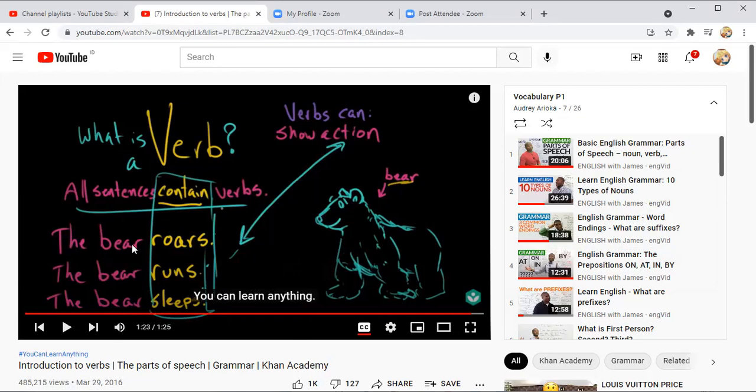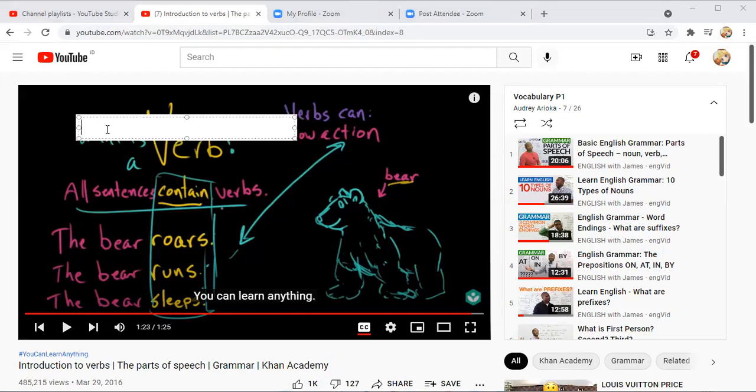If the bears, apabila bear-nya yang banyak ya, ada S-nya di sini. Example, let me give you an example. The bears roar.